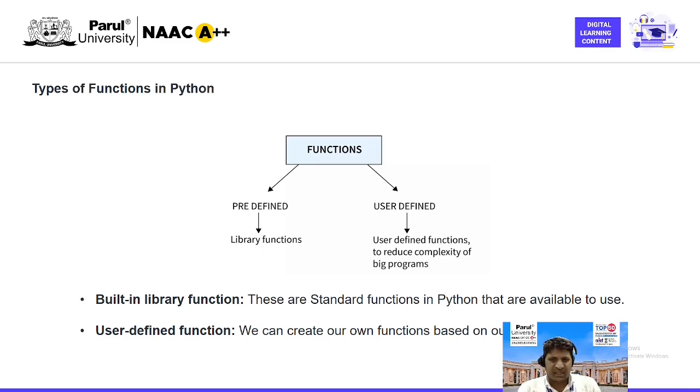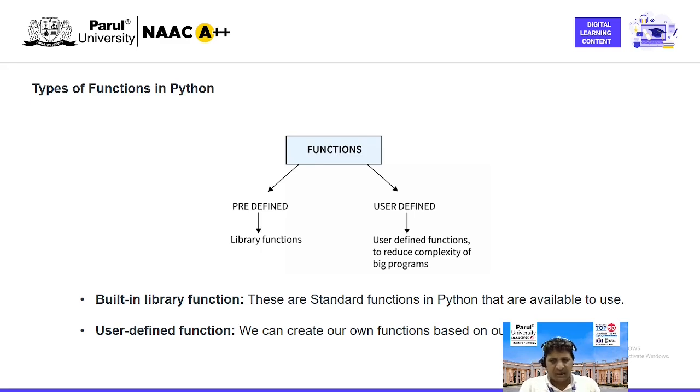The first category is predefined functions, also known as library functions, and the second category is known as user defined functions. You can use user defined functions to reduce the complexity of a big program. As mentioned in the benefits of functions, our code complexity is greatly reduced by using functions.